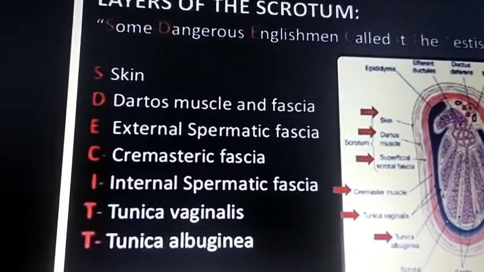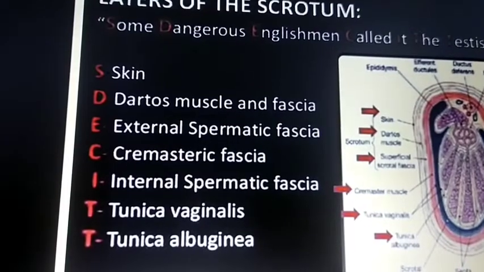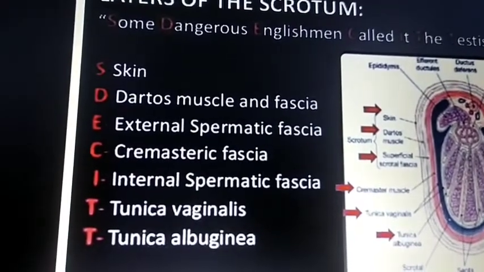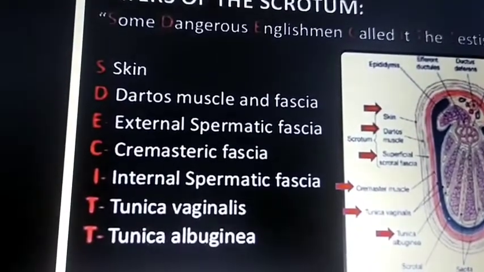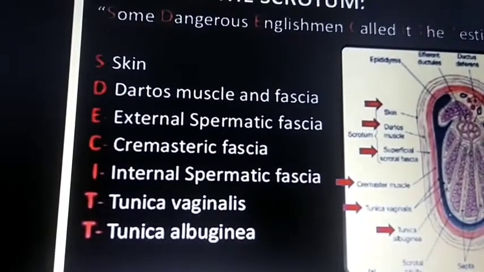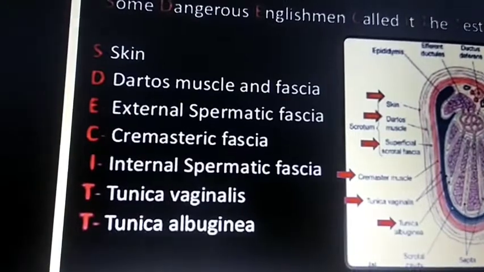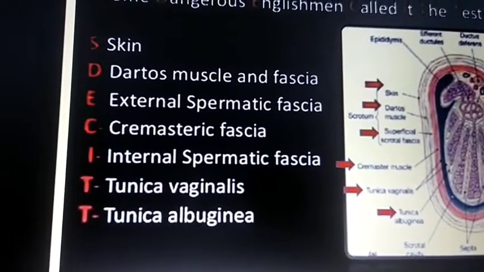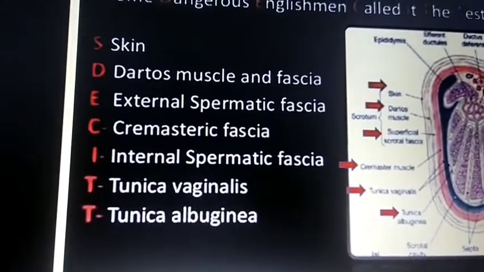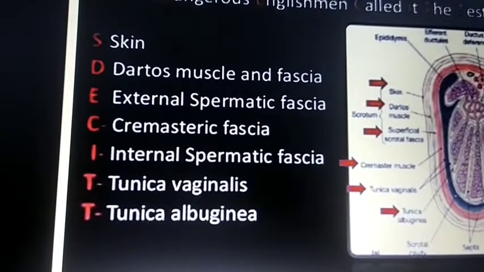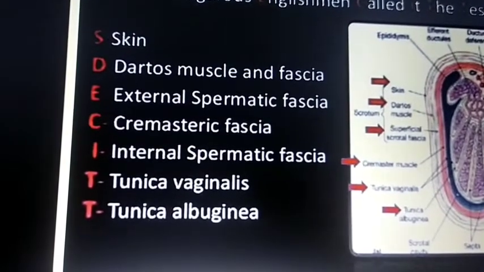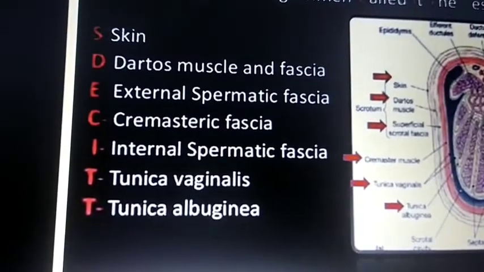But only up to the internal spermatic fascia we consider as the scrotal wall. After you open the internal spermatic fascia, you can open the testis and easily deliver it outside from the scrotum.